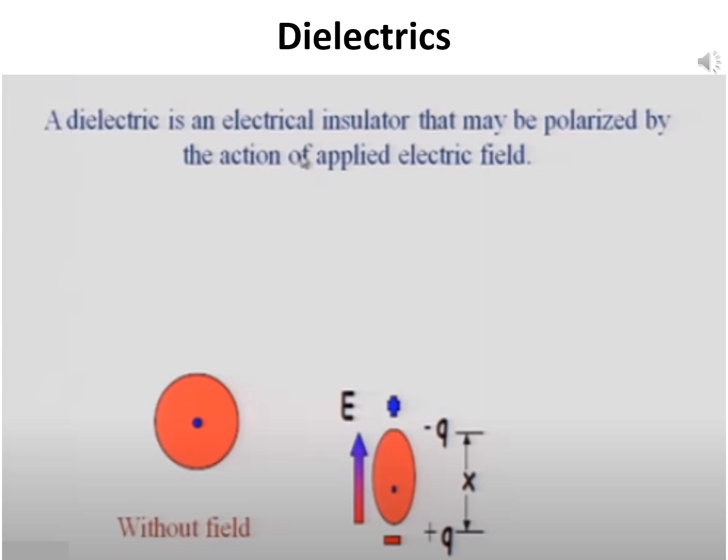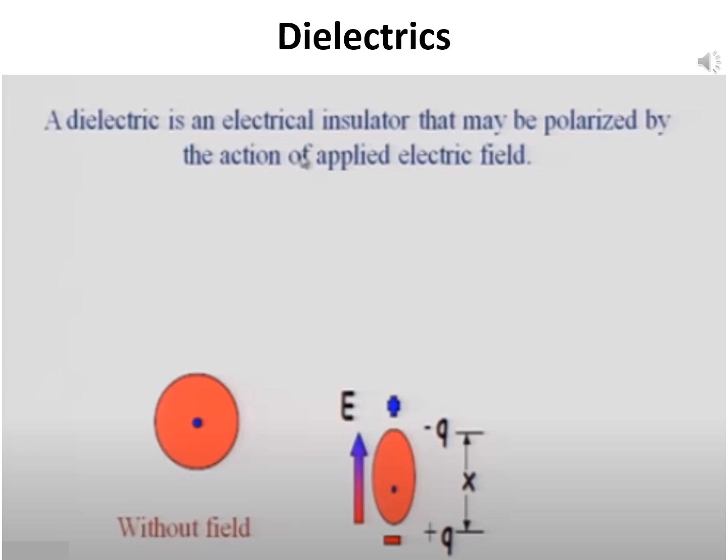First we will discuss what is meant by dielectric, what is the dielectric property. A dielectric is an electrical insulator that could be polarized by the action of an applied electric field. This means that in general, a dielectric is something which is non-conducting and which has a high resistivity, as we discussed previously in electrical properties.